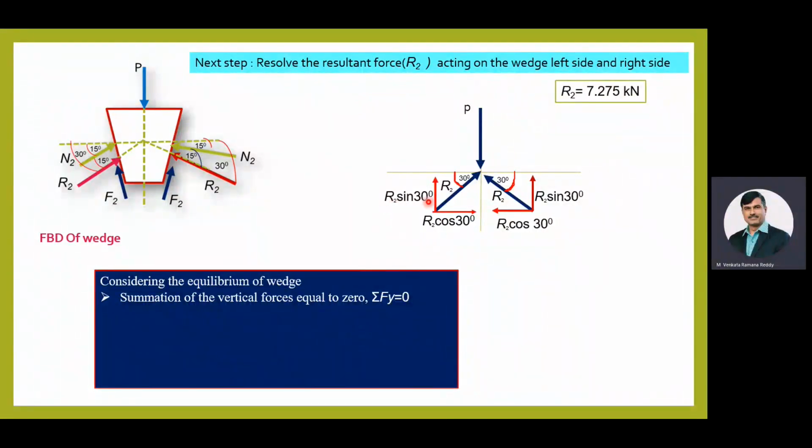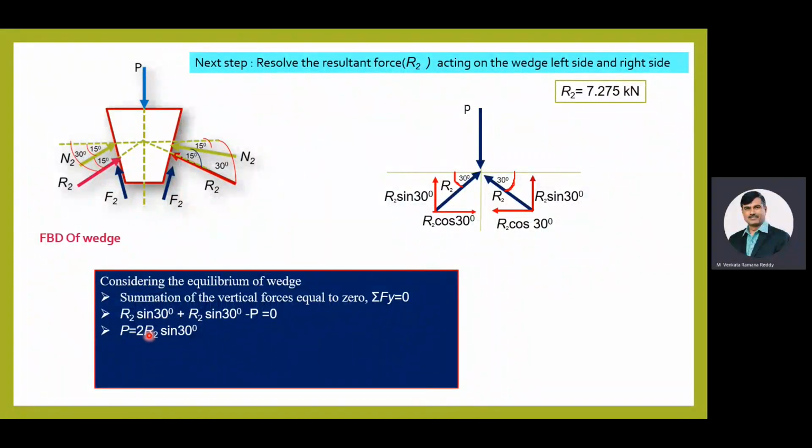Here R2 sin 30 degrees is upward, R2 sin 30 degrees is upward and applied force P is downward. Then R2 sin 30 degrees plus R2 sin 30 degrees minus P is equal to 0. After simplifying this we will get 2 R2 sin 30 degrees minus P is equal to 0. Then P is equal to 2 R2 sin 30 degrees.